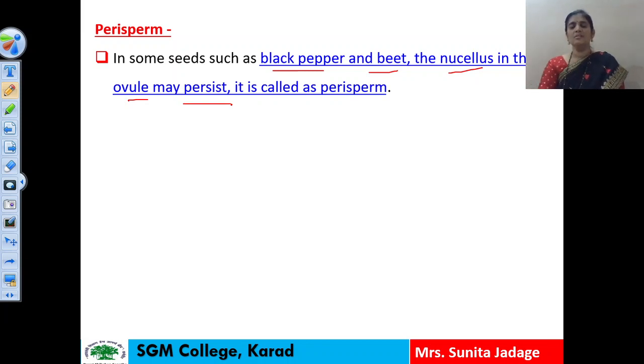Normally the nucellus is degraded or used during the development of the seed, but in some cases, for example black pepper and beet, the nucellus in the ovule is present after the maturation of the seed, and such a structure of the nucellus is known as perisperm. That we have to remember.